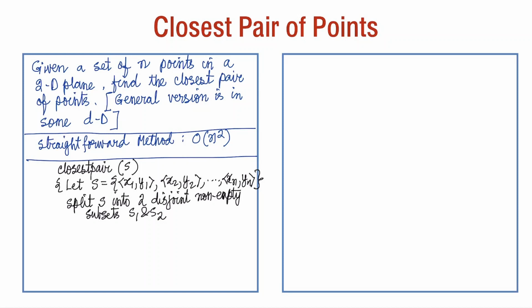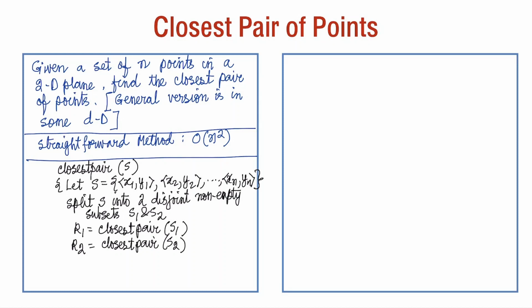Then we find K1, which is the closest pair of S1. We find K2, which is the closest pair of S2. Now, diagrammatically, what have we done?